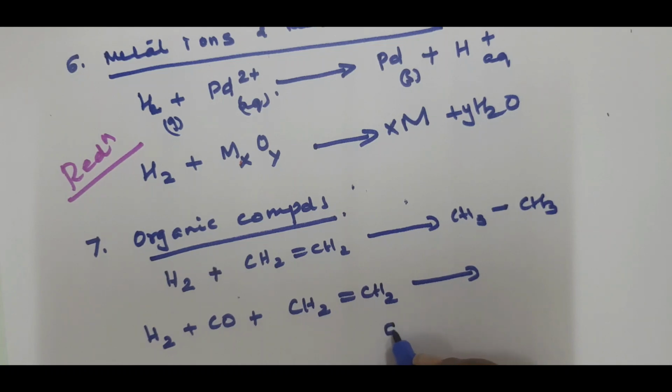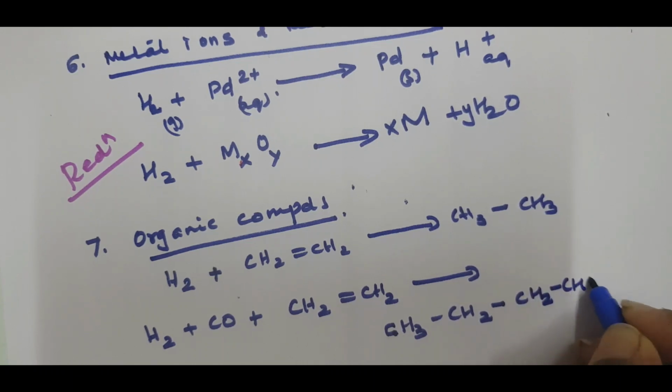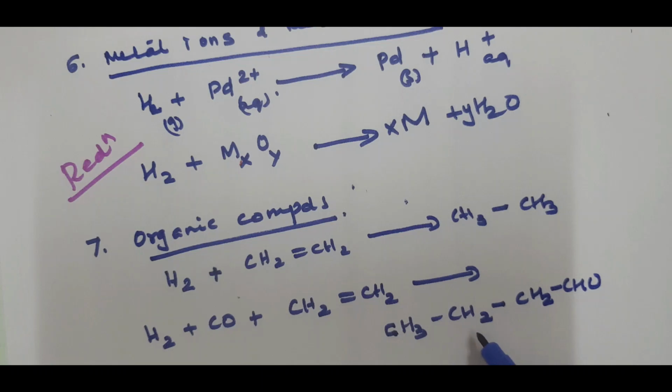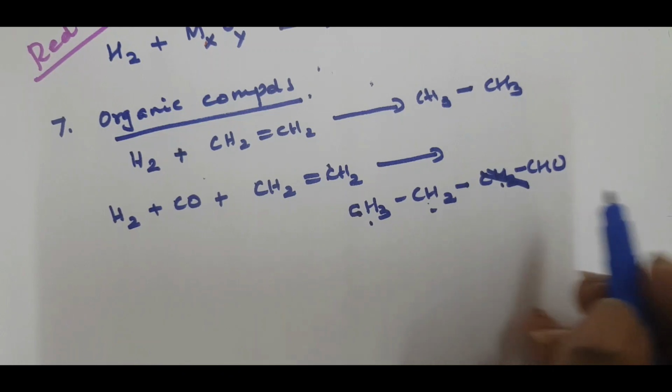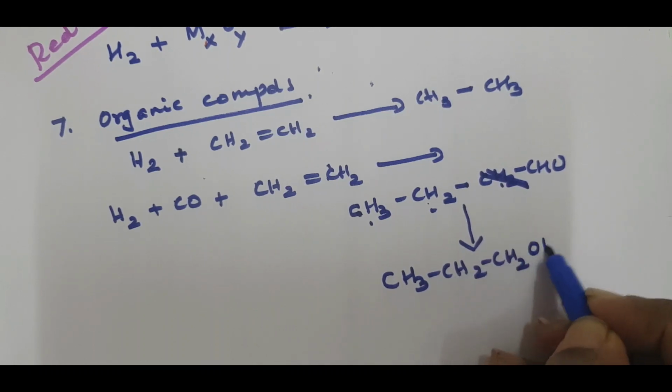That is CH3CH2CHO, with only 3 carbon atoms. Now this aldehyde will reduce to give alcohol, that is CH3CH2CH2OH.